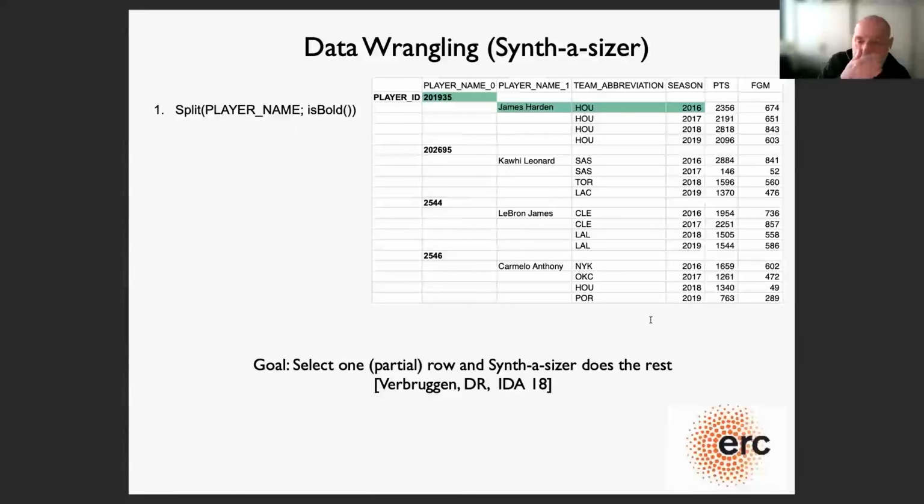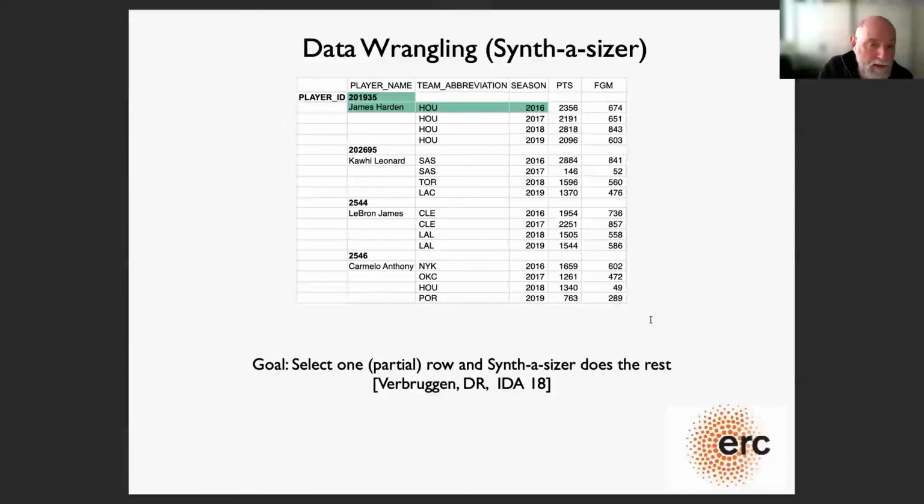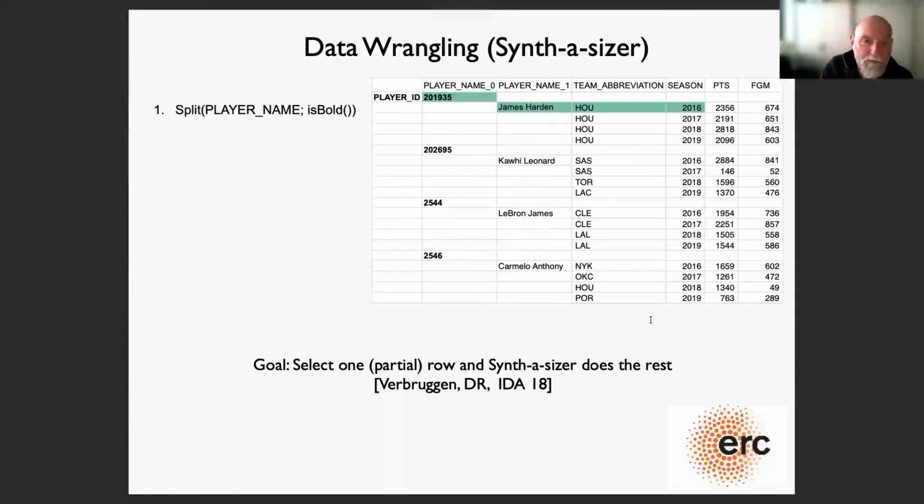And what you then do is there are operations that would split particular attributes, like here, this player name. It would split it on the basis of things being bold or non-bold. You'd get these two columns.